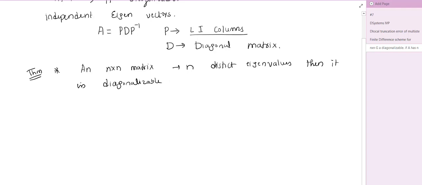When I say this, it has to have n distinct eigenvalues, meaning no two eigenvalues should be the same. So that's the meaning of this particular theorem.